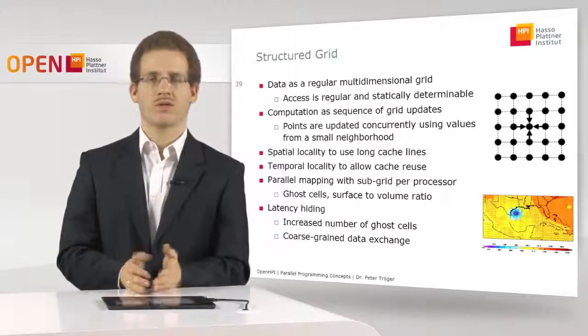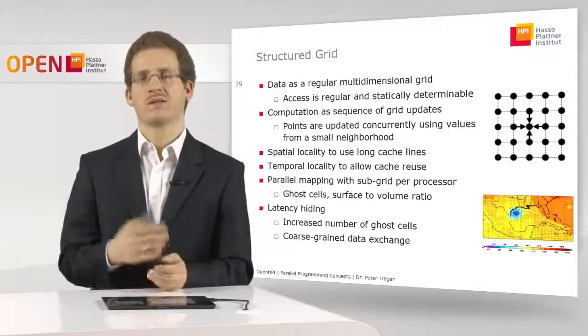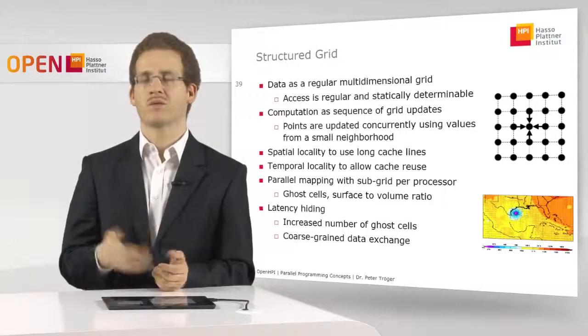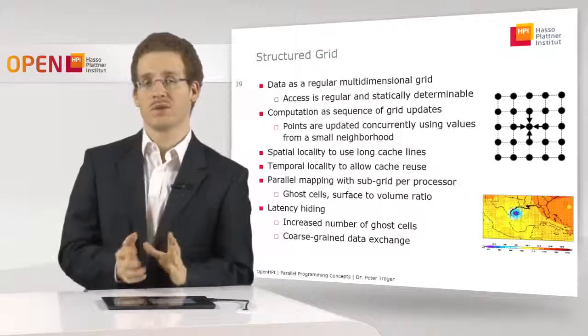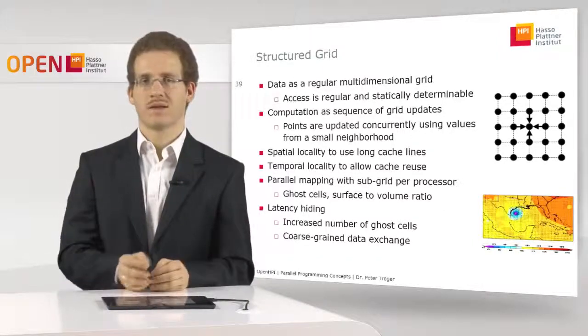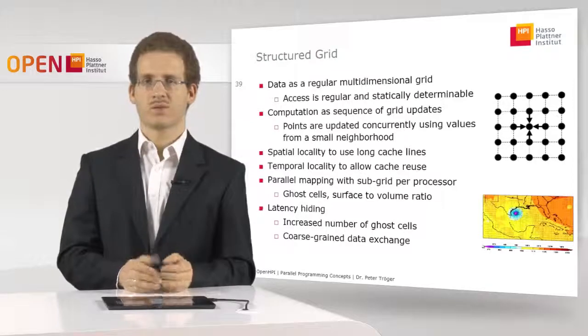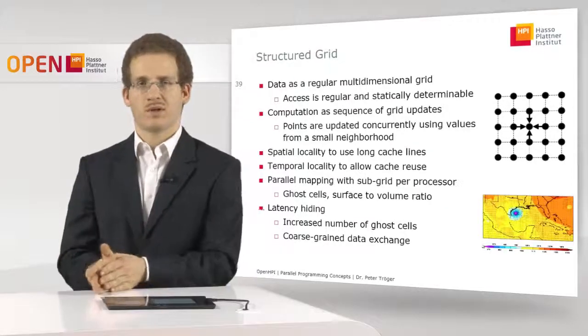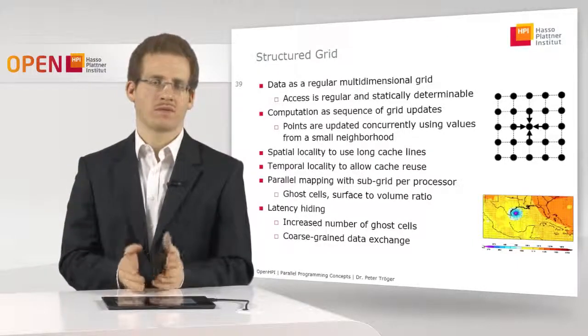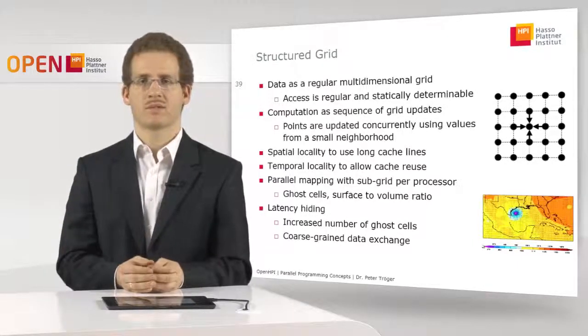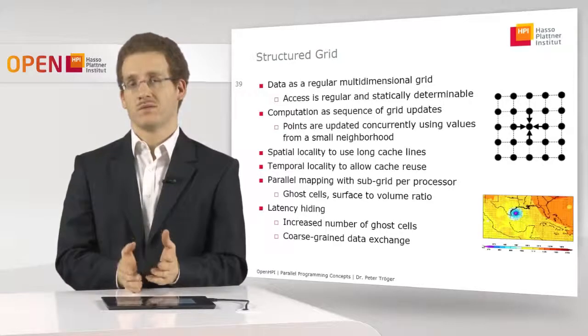And the overall computation, the progress of the algorithm, is a sequence of grid updates. So you have a round-based concept where in each round all the neighbor communication happens, hopefully in parallel, and then the next round starts. If this sounds familiar, this is what we called a heat map example in our coding exercises. But you can also use this for other, for example, physical simulations or in climate simulation and other areas.